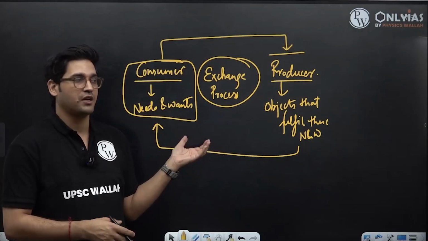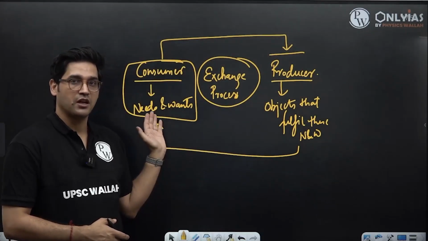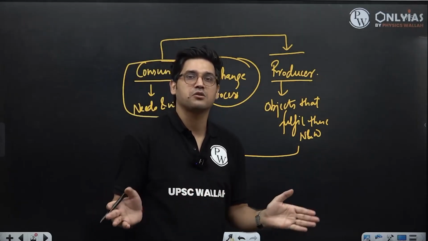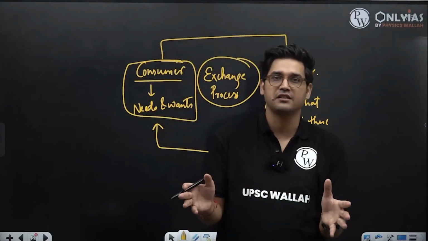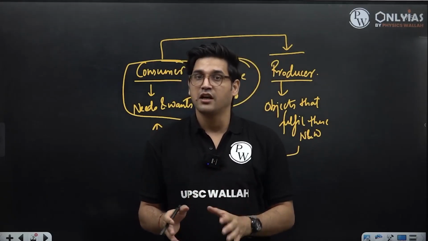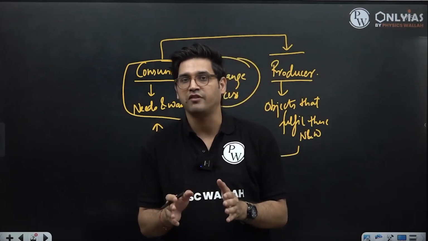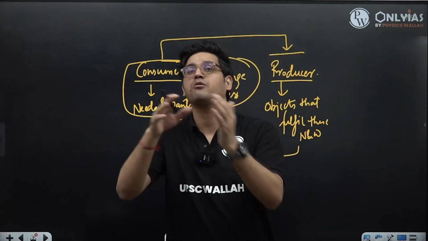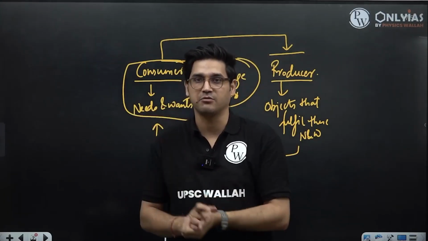Many humans have needs and wants. These needs and wants will be satisfied not by natural resources directly. Of course, some needs and wants can be fulfilled by natural resources directly. But some needs and wants will be fulfilled by some items which are made from transformation of natural resources into those items.